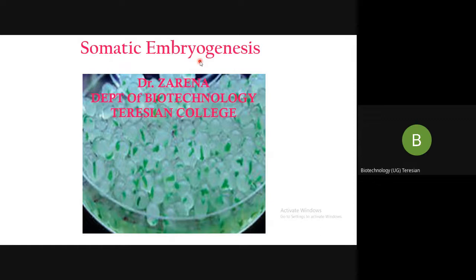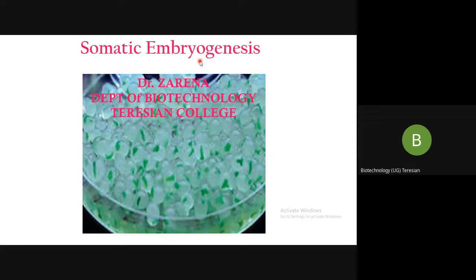You should see whether that particular species of your interest can withstand the drying condition, the desiccation condition, or whether it can withstand the hydration condition, that is hydrophilic condition. So keeping all this in mind, you should proceed with your somatic embryogenesis.